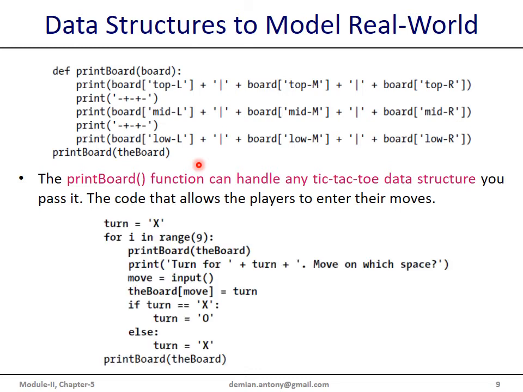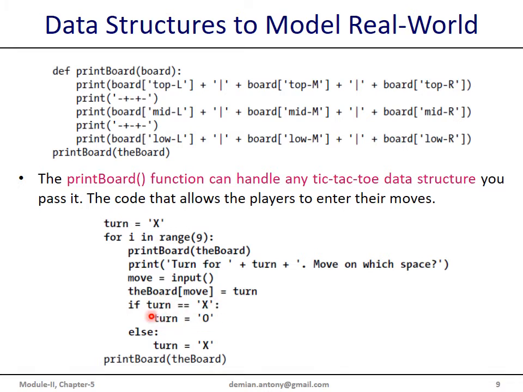And here is the main program, not the complete program, a snapshot of the main. For a particular turn, let us say we have player X, and we have a total of 9 turns, and we print the board initially, and we take the input from the user, whether it's top L or mid M, whatever, and based on the input we put the turn, that is the first turn, first player X, on that particular key on this board.